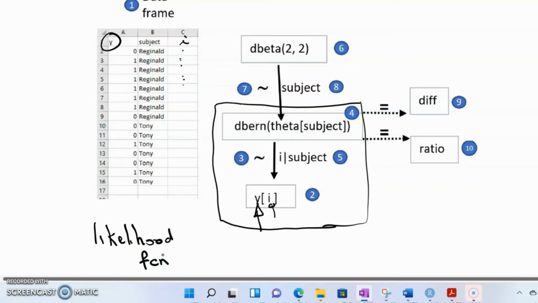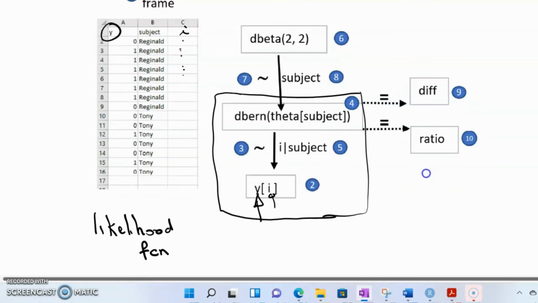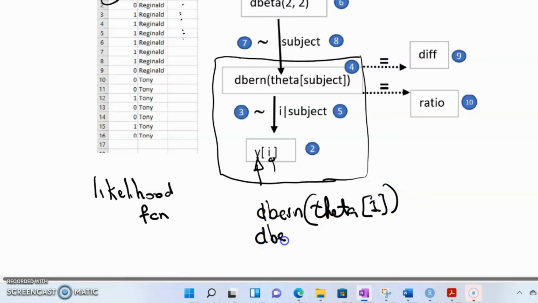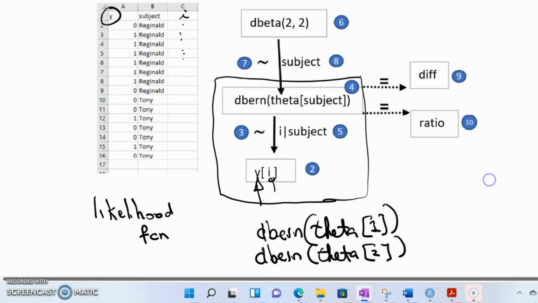What we're assuming is that the values of y, these ones and zeros, arise from some sort of Bernoulli distribution. In the case of Reginald, it's going to have a Bernoulli parameter theta 1, and in the case of Tony, it's going to have a Bernoulli parameter theta 2. With that in mind, what we see here starts to make sense.